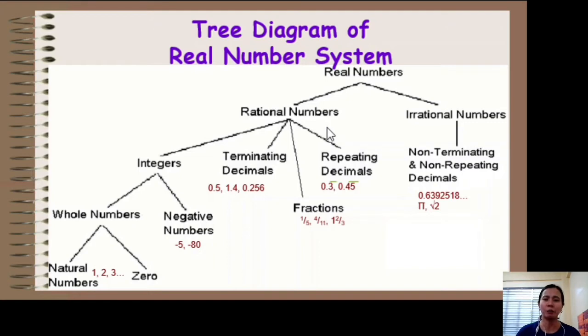Under rational numbers, we have integers, terminating decimals, fractions, and repeating decimals. Under integers, we have whole numbers and negative numbers. Under whole numbers, we have natural numbers and zero.